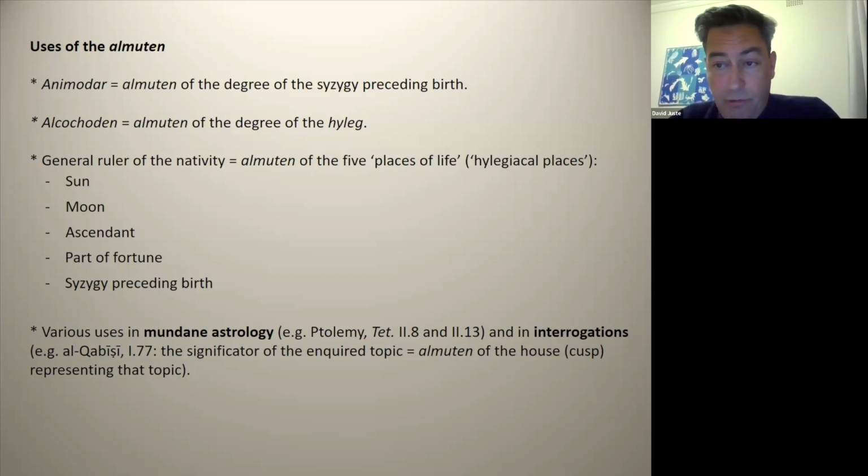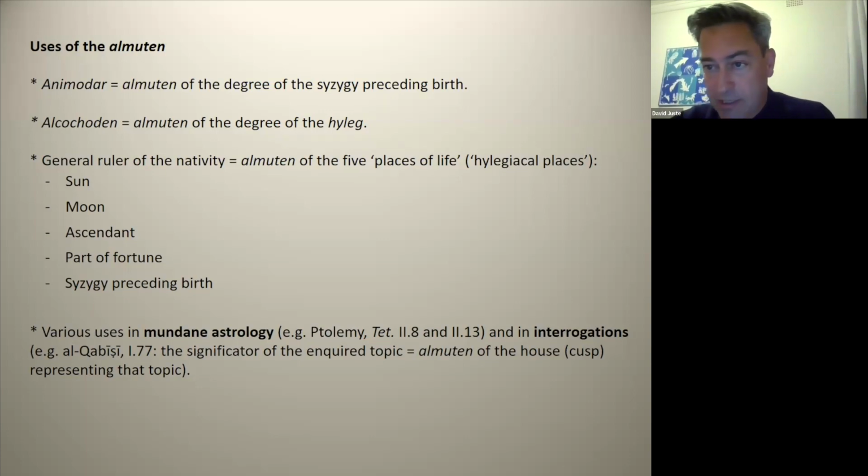For example, according to Al-Qabisi 177, and this is confirmed by his distinguished commentator John of Saxony, the significator of the inquired topic is the Almuten of the house representing that topic. That is, if you inquire about money, for example, you will look for the second house, that is money, and the significator of money will be the Almuten of the cusp, of the position of the cusp of the second house.